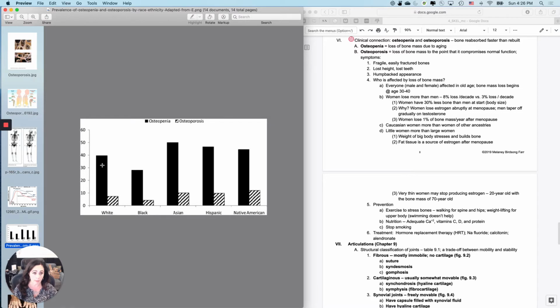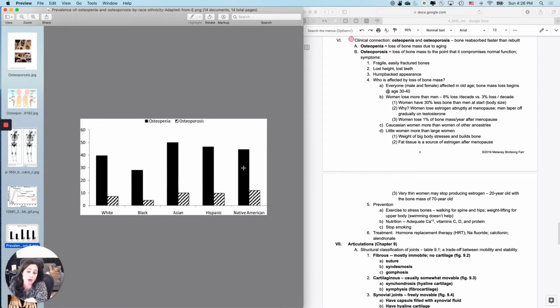Caucasian women, white women, are more likely to have osteopenia and osteoporosis than, for instance, black women. And then Asian women are more likely than white or black women. Hispanic and Native American are very similar to one another. It doesn't have anything to do with skin color or anything like that. It's basically just these population genetics predispositions of different ethnicities.